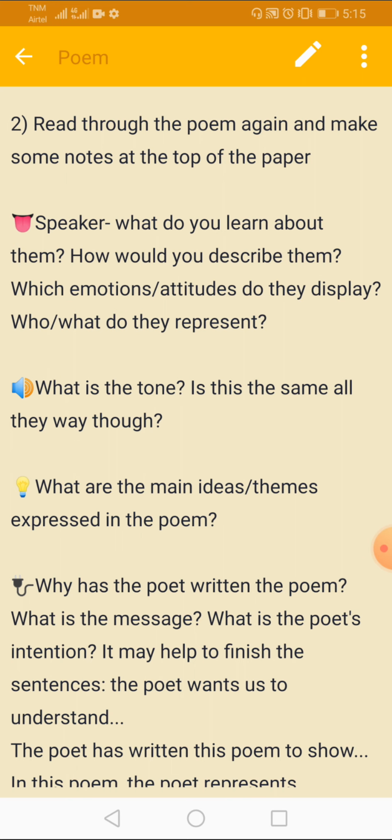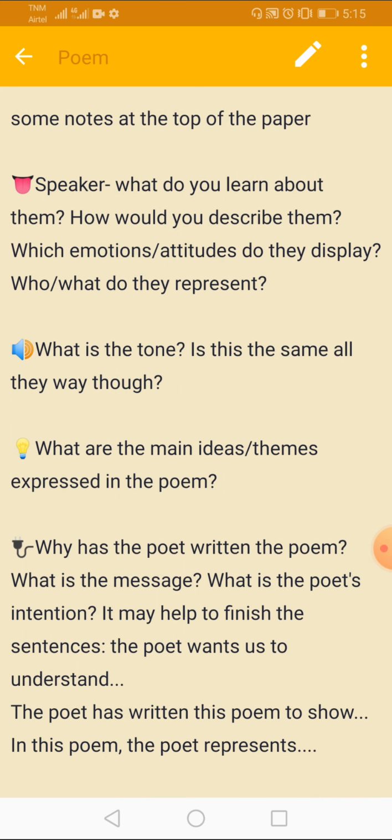Who's speaking the poem? Whose words are being used here? How would you describe the speaker? What emotions do they bring out? What attitude do they have towards the subject itself? And what do they represent?